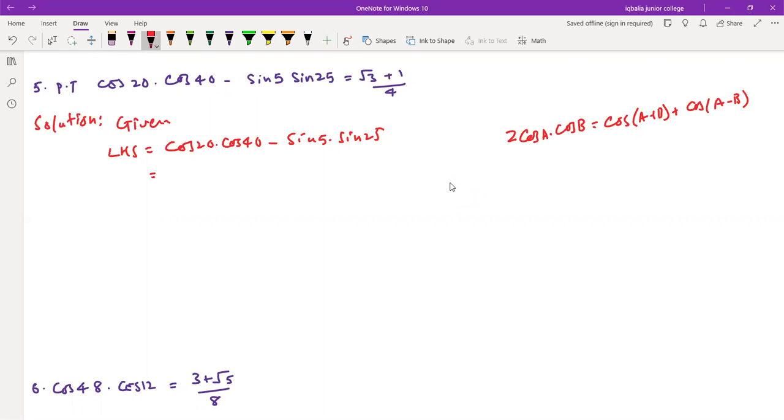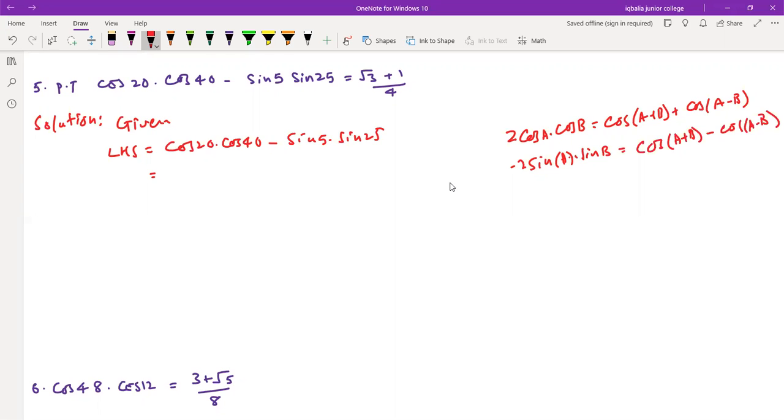And I know the formula minus 2 sin A into sin B, that is cos A plus B minus cos A minus B. This is the formula. Now I am going to use both formulas here.